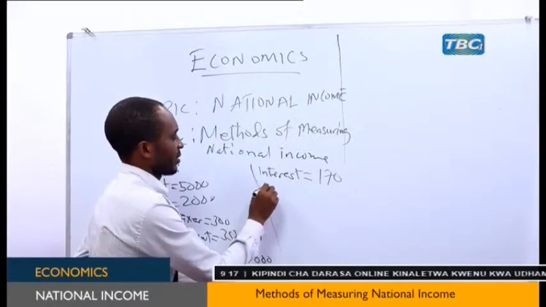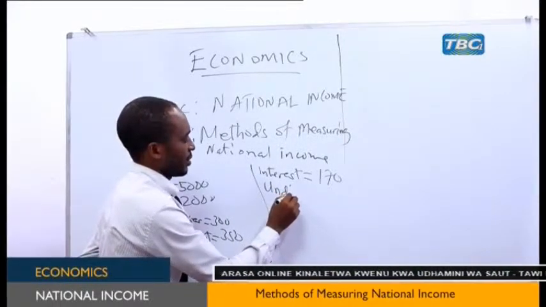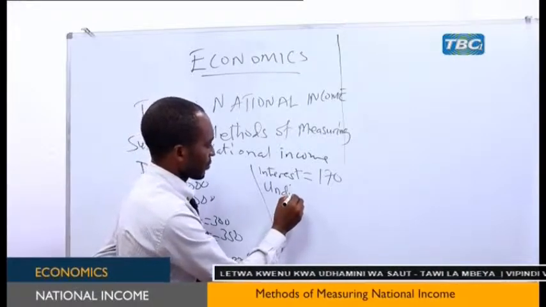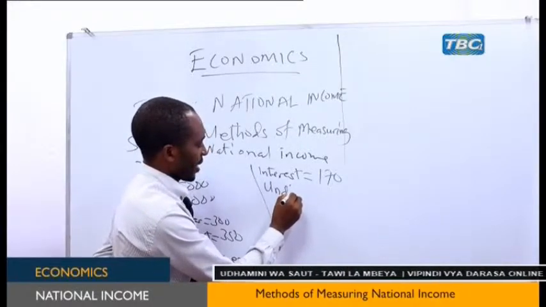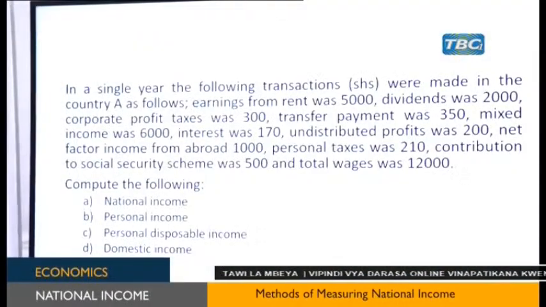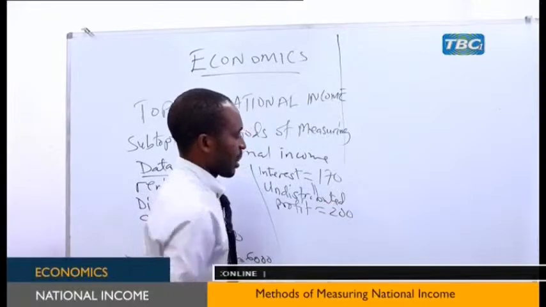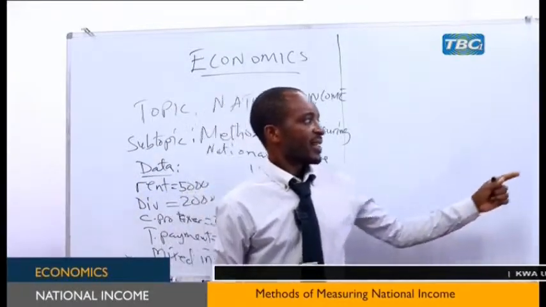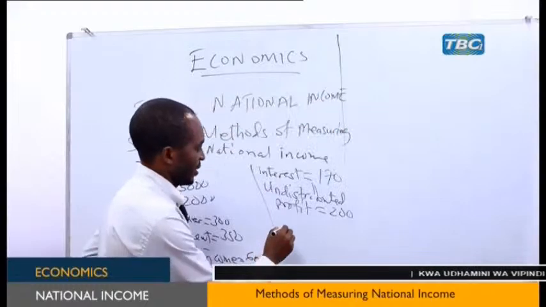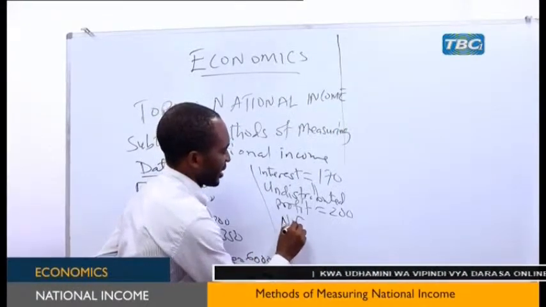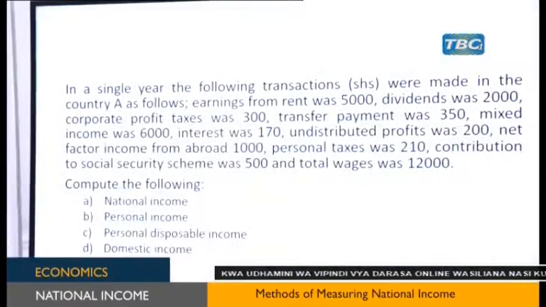Undistributed profit was 200. Then net factor income from abroad, 1,000.